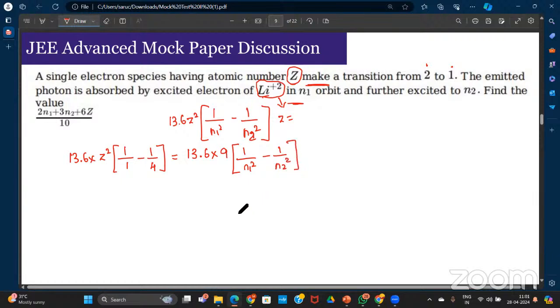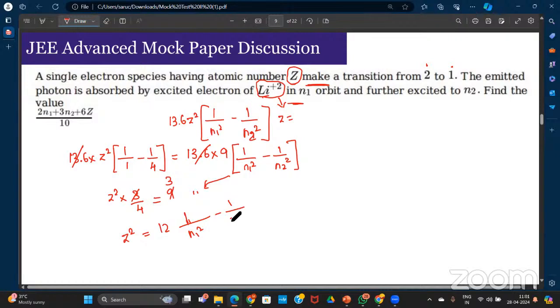Now I'll cancel these two. Here you'll be getting Z squared into 4 minus 1 is 3 by 4. You'll be getting 3 by 4 is equal to 9 into this one. Now just solve this 3 times. So I'll be getting Z squared is equal to 12 times of 1 by N1 squared minus 1 by N2 squared.